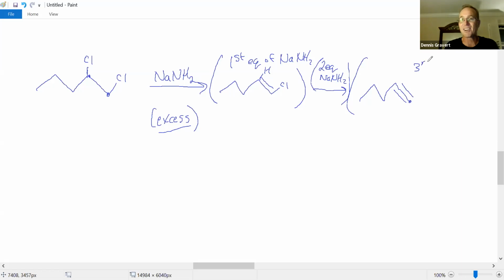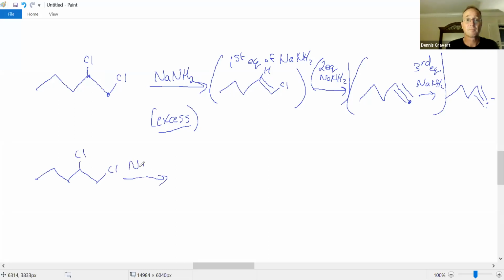So now your third equivalent of NaNH2 can react with this hydrogen and make the carbanion. That's not your final product because that's very reactive.